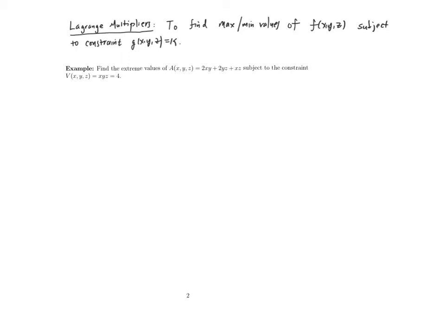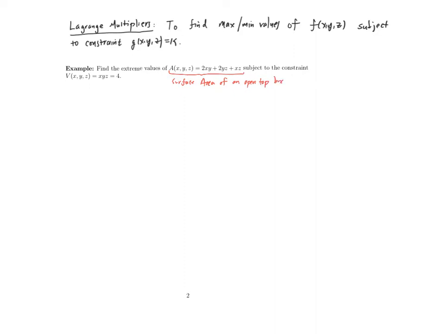Let me begin with just a quick reminder. Lagrange multipliers are used to find the absolute maximum and minimum values of some function subject to a constraint equation. For example, if we look below, the function given by A equals 2xy plus 2yz plus xz is actually representing the surface area of an open top box.